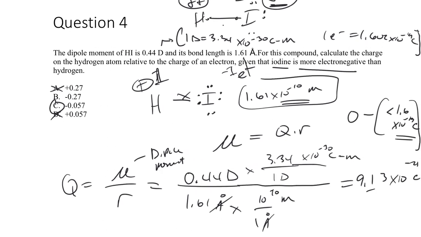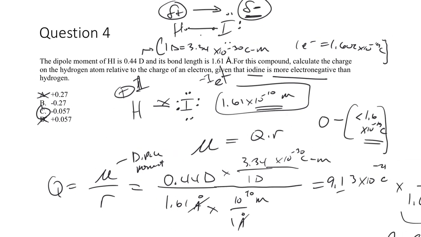So this problem here is just showing you that for a diatomic molecule, you can use a dipole moment and the bond length to get a sense of what the charges are that are being separated by the bond length in the molecule. And you can get a sense that when you say something is polar covalent, you have some partial charges developing on these atoms, as opposed to them being zero if these bonds were equally shared.